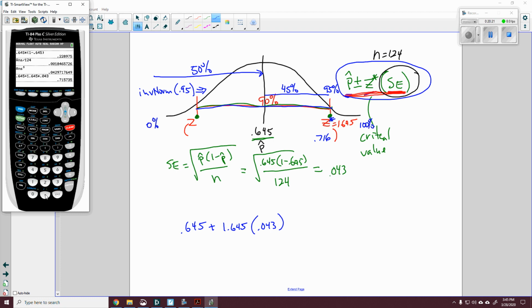Okay, sorry. 0.645 minus 1.645 times 0.043. And I get the lower end of my confidence interval right here at 0.574.